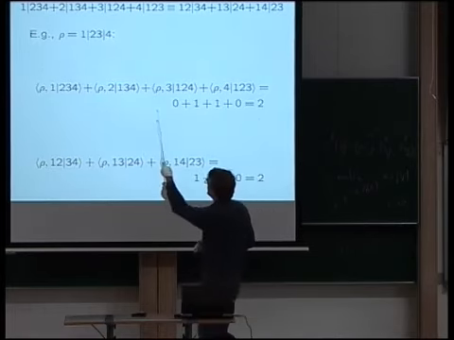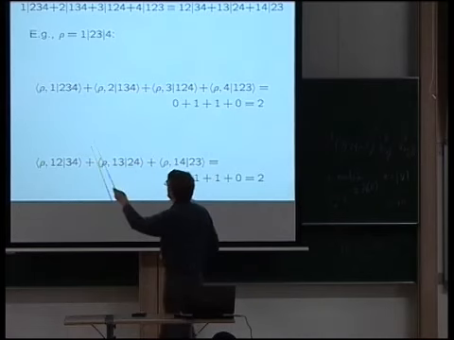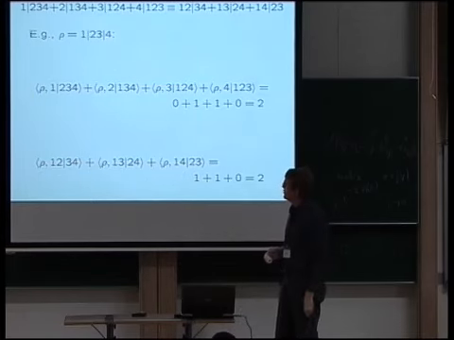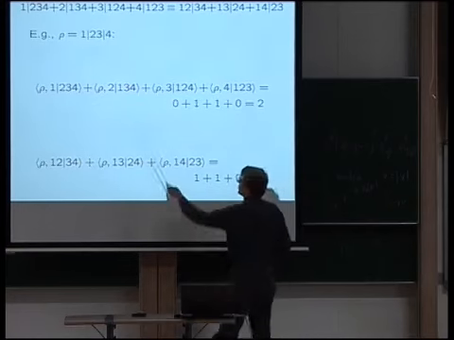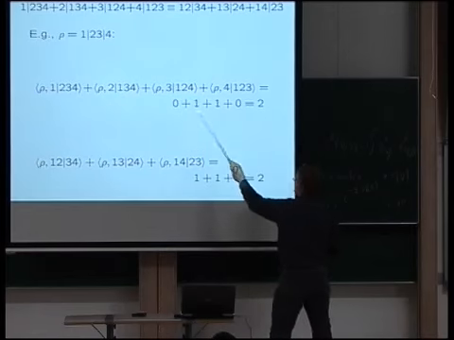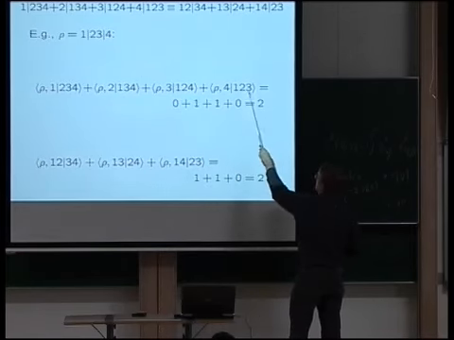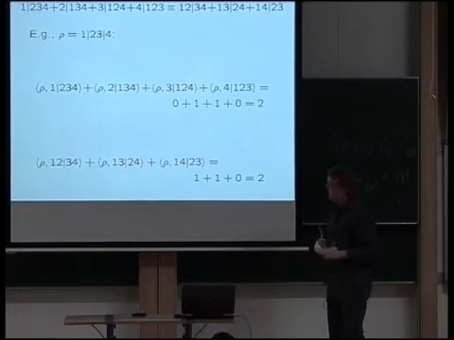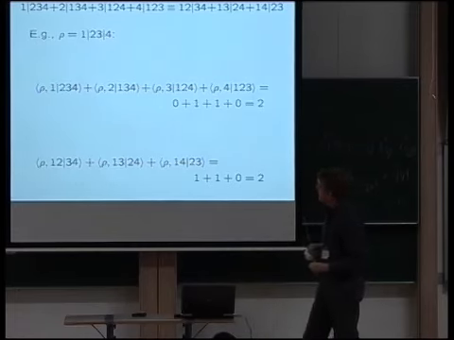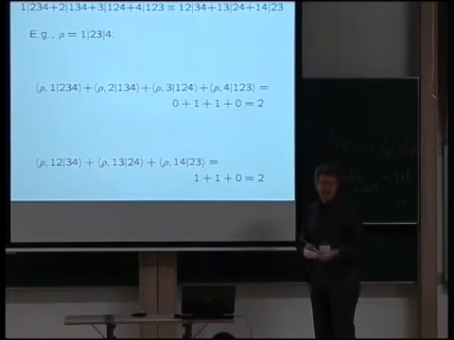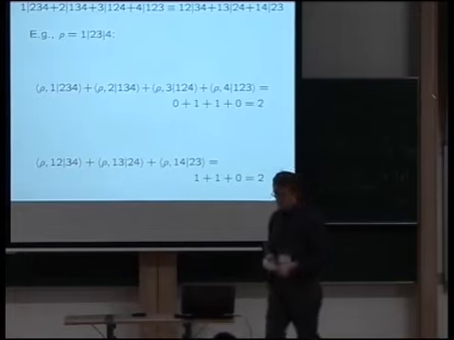If you glue 2 and 3 together, you're going to get 0 because 2 and 3 are already connected, and that wouldn't result in a tree. 2 and 3 are not connected, and so that gives a tree, so you get 1. 2 and 3 get glued, that's a tree, so you get 1. 2 and 3 are already connected, so you get 0. And so you have 2 on the left-hand side. And on the right-hand side, if you do a similar computation, you find that you also get 2. And for any choice of rho, you find that the two sides are equivalent.